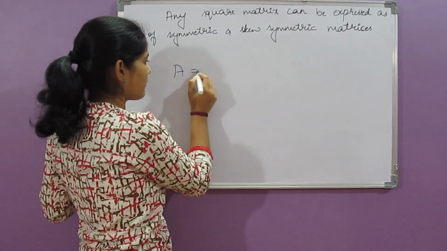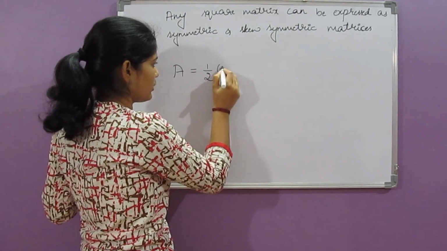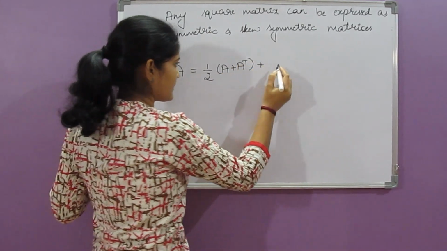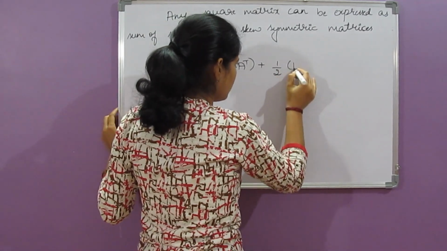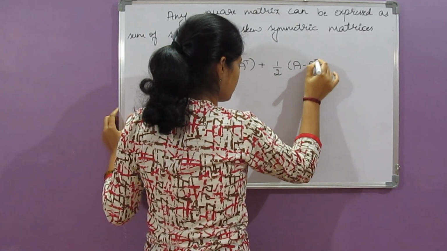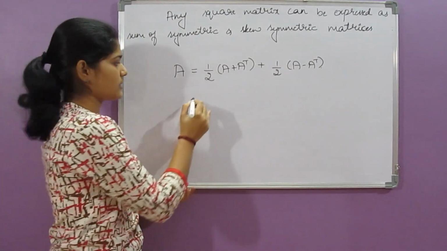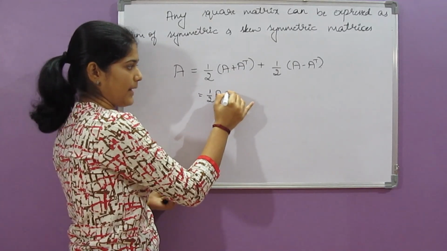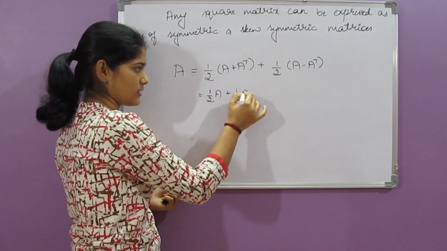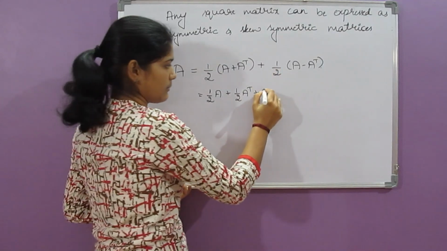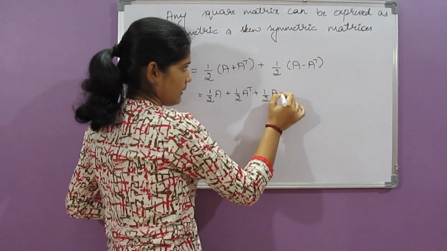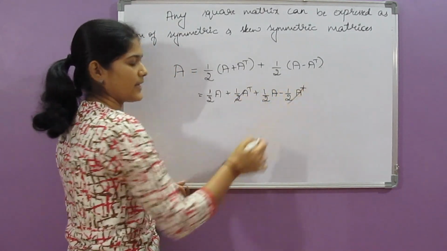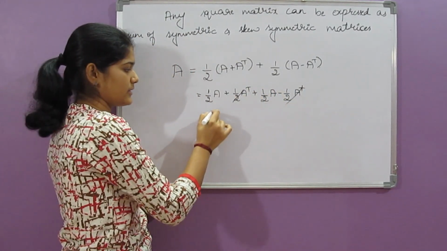Observe here, A can be written as 1 by 2 into A plus A transpose plus 1 by 2 into A minus A transpose. Because this is nothing but half into A plus half into A transpose plus similarly half A minus half A transpose. These two get cancelled and the remaining is A.